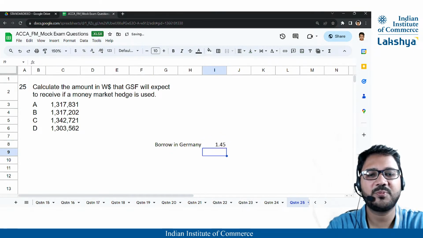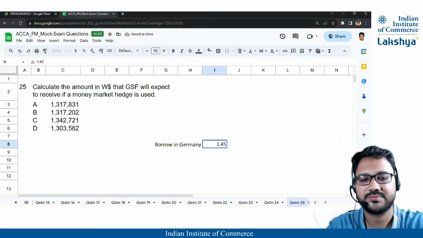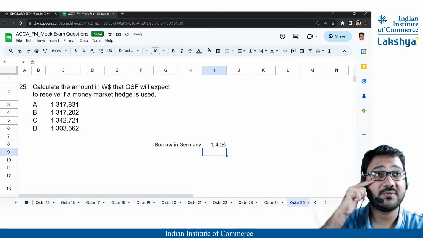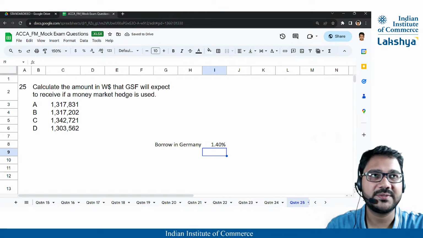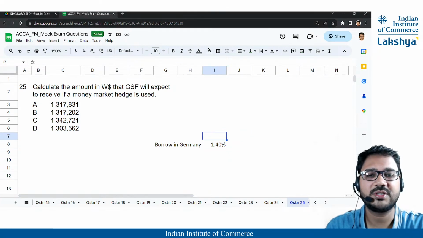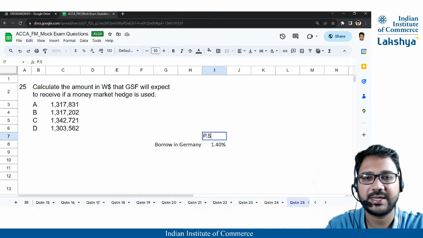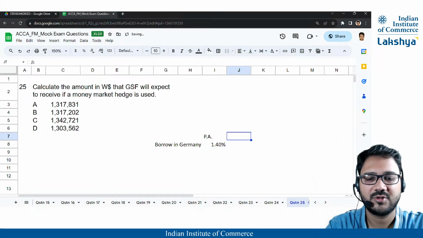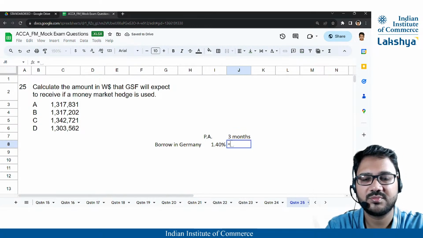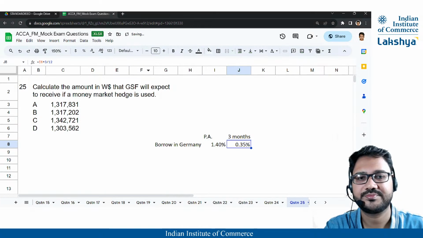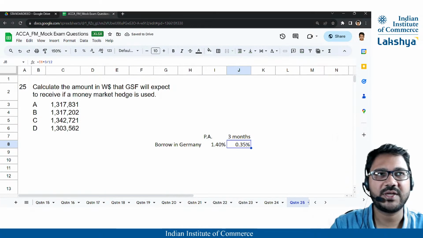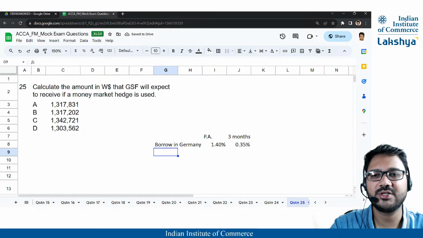Now this 1.4% is per annum. So for 3 months, the 3-monthly rate is equal to 0.35%.